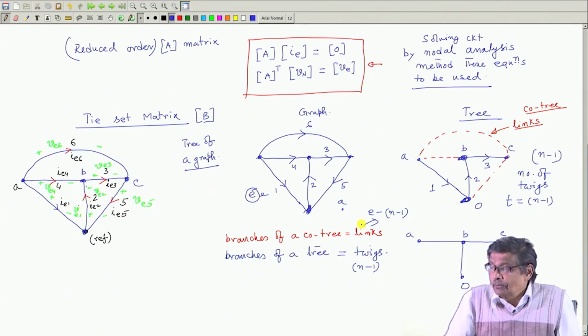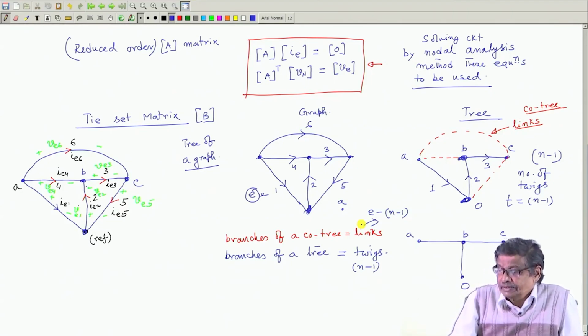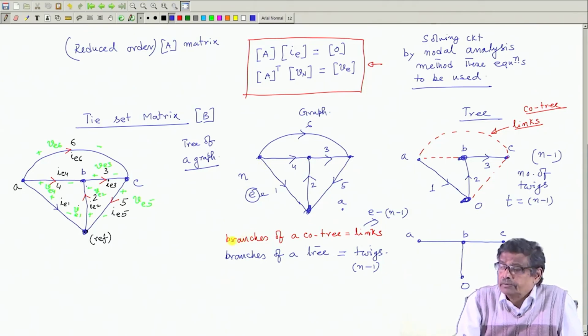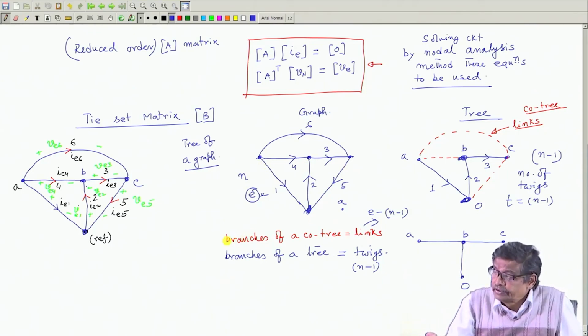So, this is the statement of this. In the full graph, I will say branches or edges, the total number of edges I know, and the total number of nodes I know. Then I construct a tree.